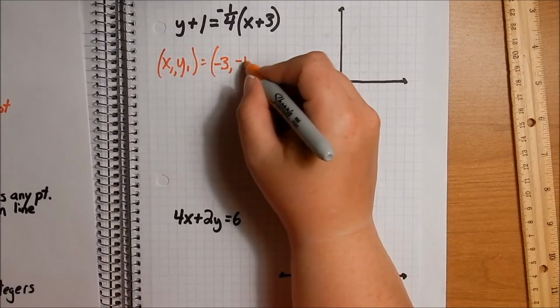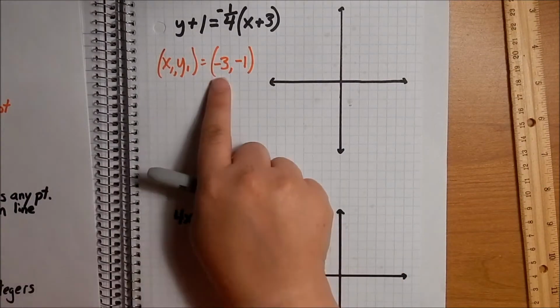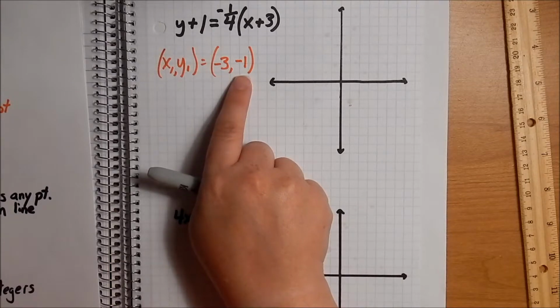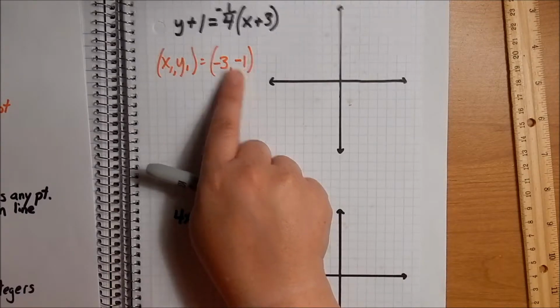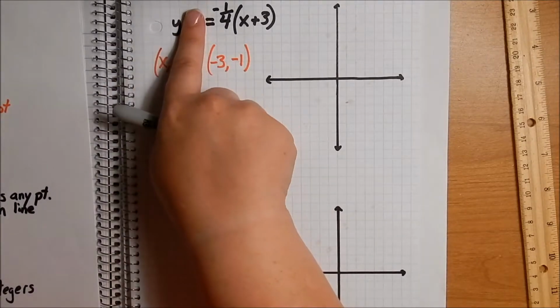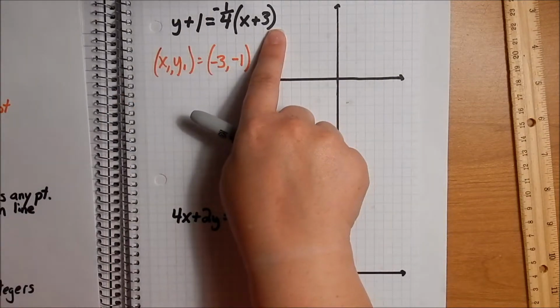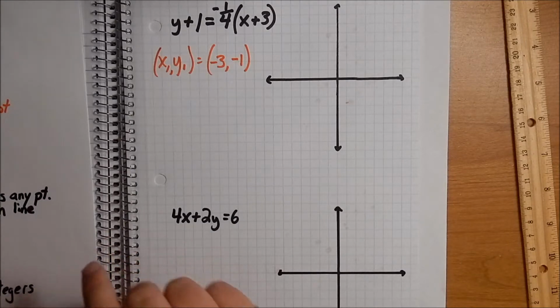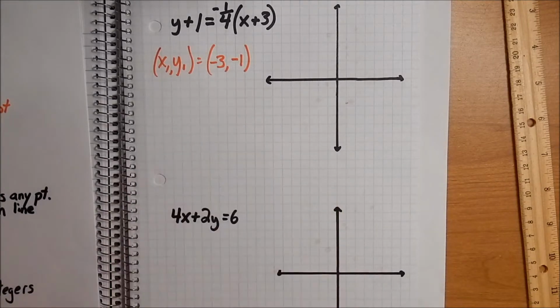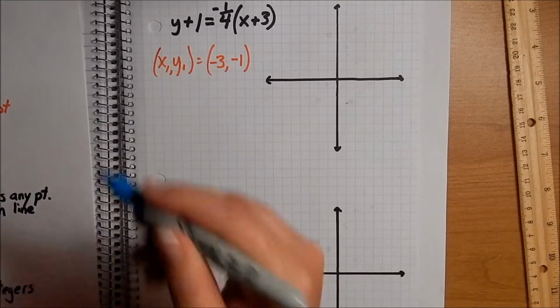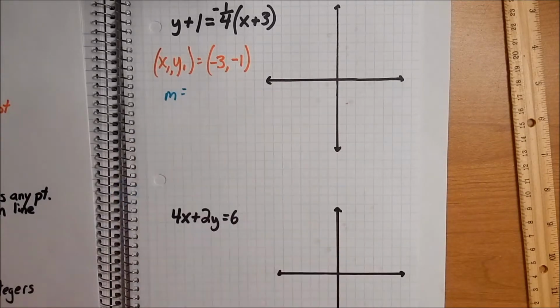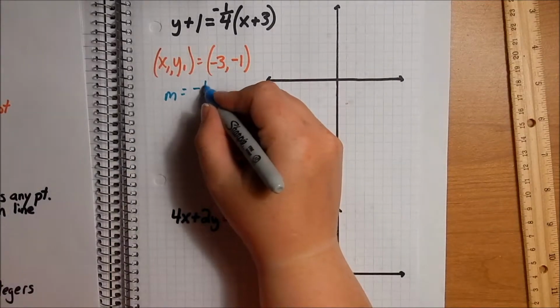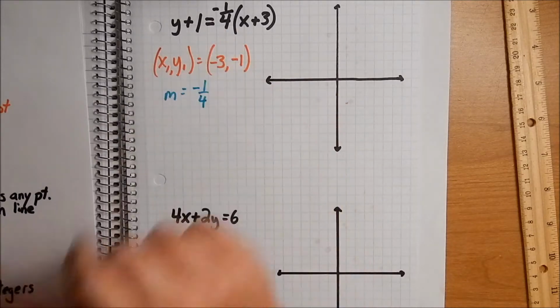If you said negative 1, you're right. So there's my starting point. It's negative 3 comma negative 1. Okay, pretend that 1 wasn't there at all, if it was just y equals that, well then, that would just be a 0 if there was no number there. Okay, so now I have my starting point, and that's really the hard part, because now the slope is not bad. What's the slope? Negative 1/4, right from there.